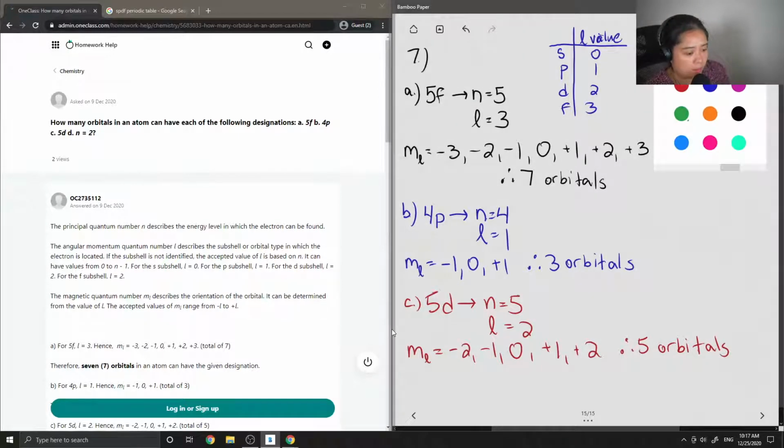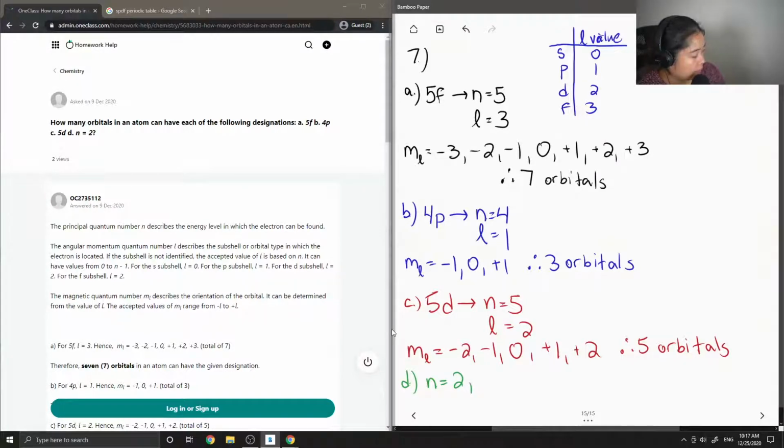And then now let's look at D. When n equals 2, that means that our L value has to be less than 2. So they didn't specify what it is, so I'm just going to say L can either be equal to 0 or 1.